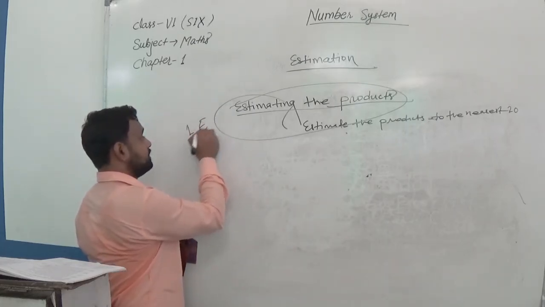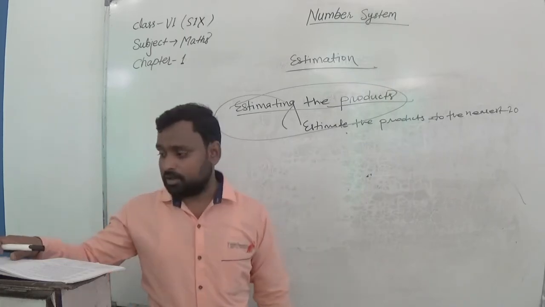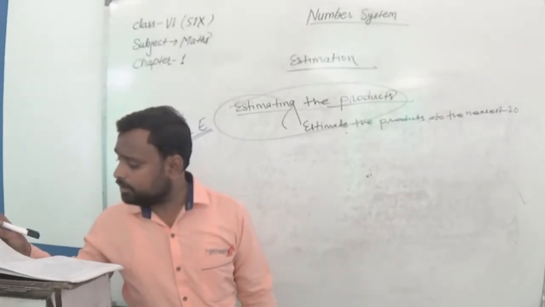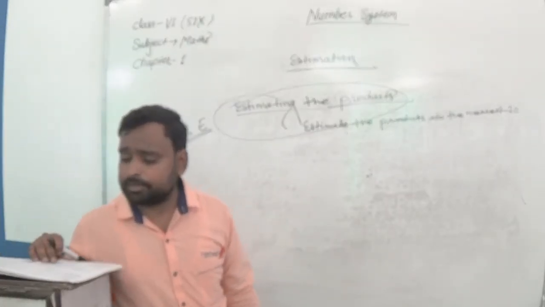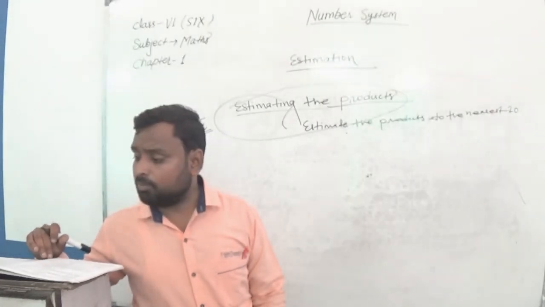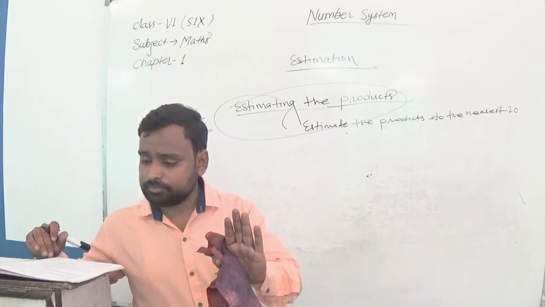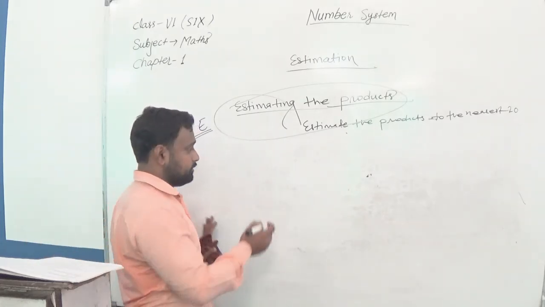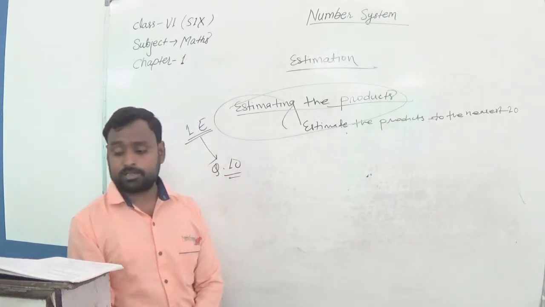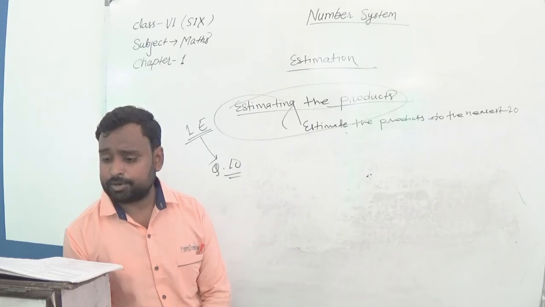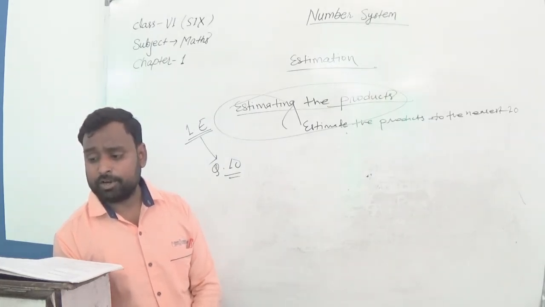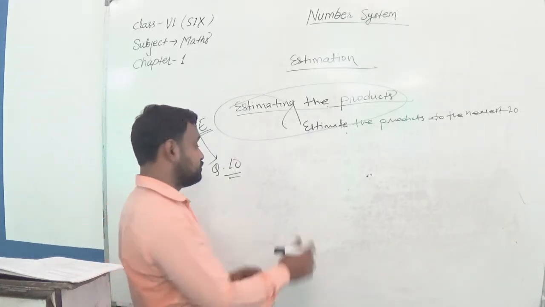I am just solving one example for you, question number 10 of 1E. Estimate the products to the nearest 100, by rounding off each number to the nearest hundreds.